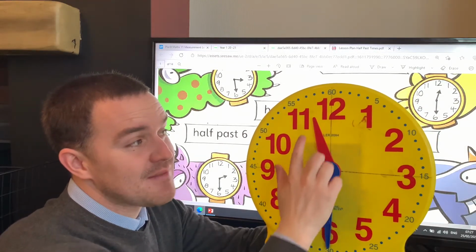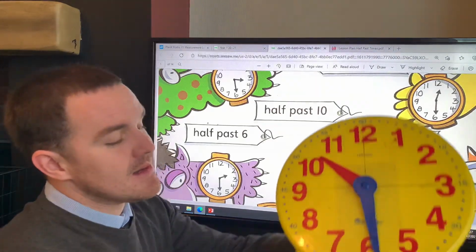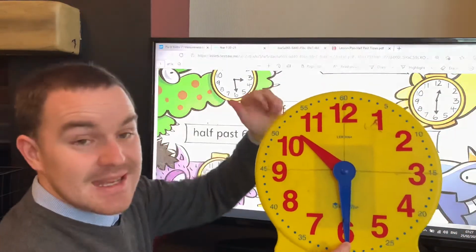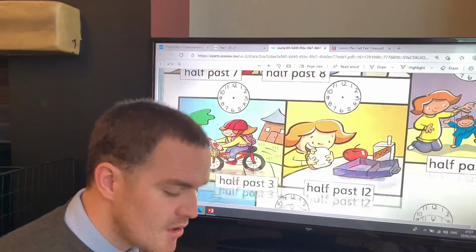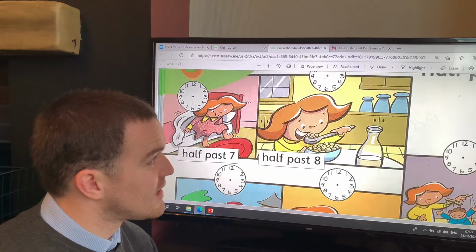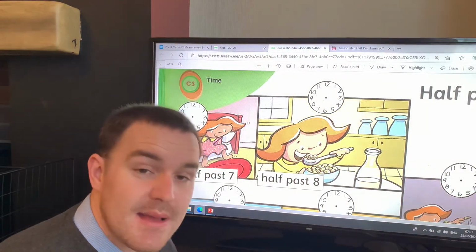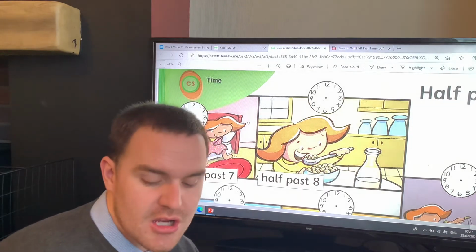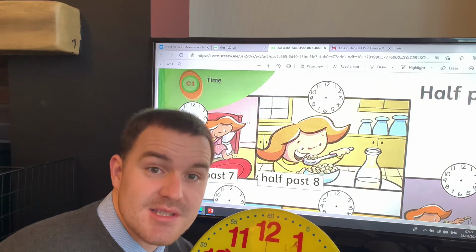If it's 11:30, it's going to be in between 11 and 12. If it's 10:30, it's going to be in between 10 and 11, okay? So be careful with that. Then you've got another activity, and this one nice and easy. You have to read the times and draw the hands on. So best of luck with that. Hopefully you enjoy your little clocks. Have a little play around with your clock, and a good game you can play at home is What's the Time, Mr. Wolf?